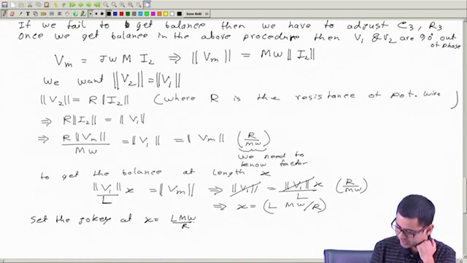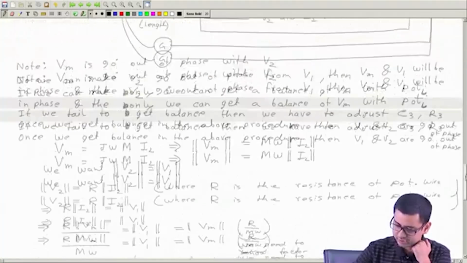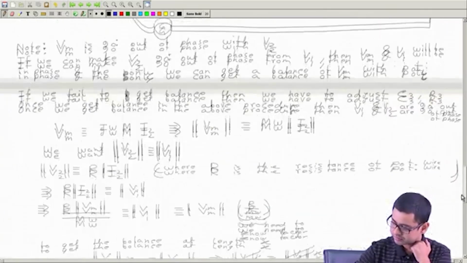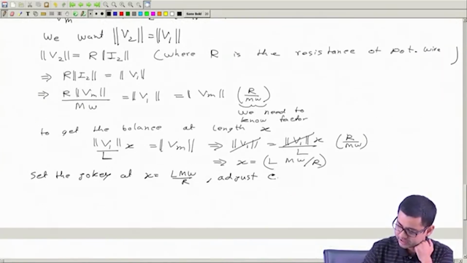So set the jockey there and adjust. What can we adjust? We can adjust C3, R3, R2. Adjust C3, R3, R2 to get balance.